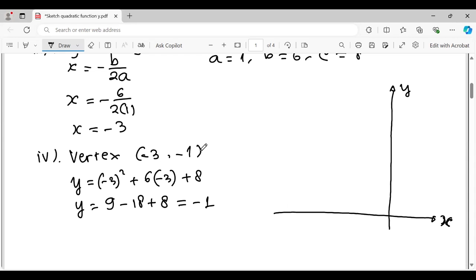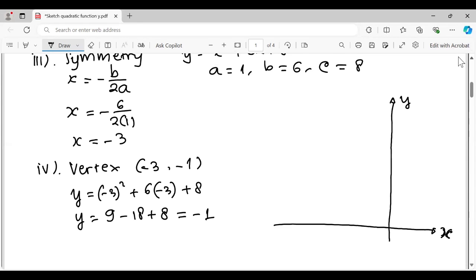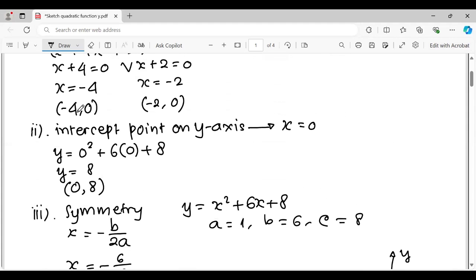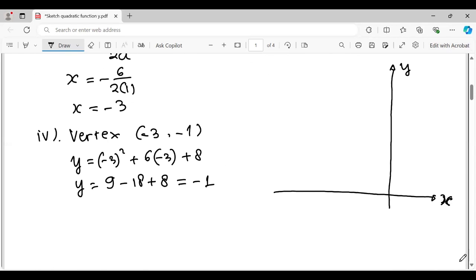Now the intercept points on the x-axis are minus 4, comma 0 and minus 2, comma 0.